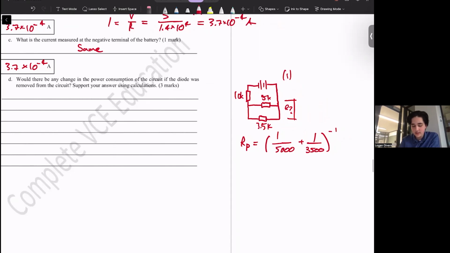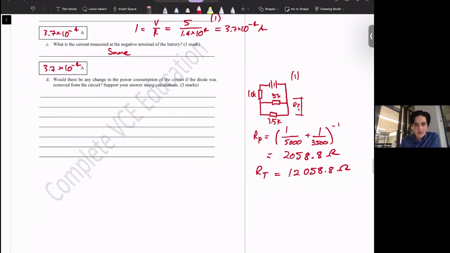So when you calculate, the final answer happens to be 2058.8 ohms. Now, if we want to find the total resistance, what we have to do is just add that to the 10K ohm resistor. That means that our total is 12,058.8 ohms. That's our total resistance.